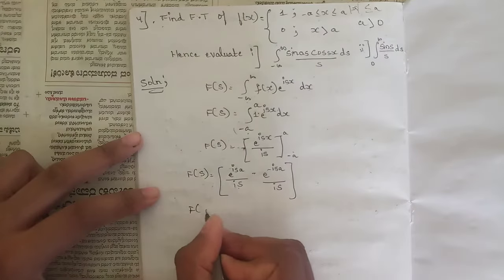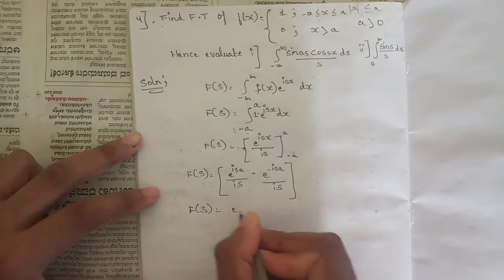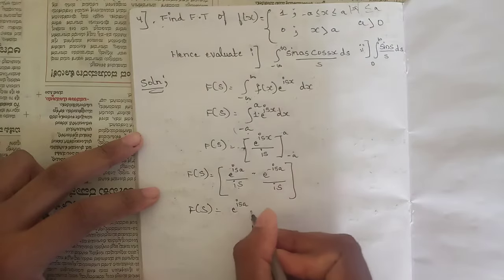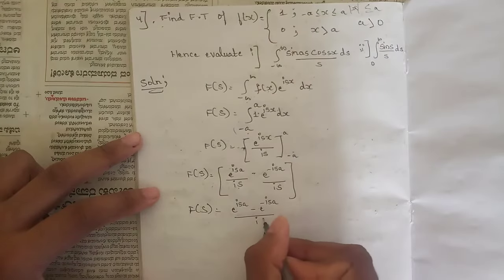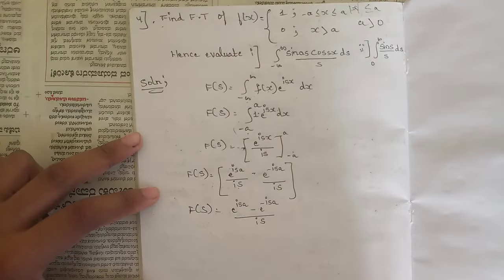So now f of s is equal to e power isa minus e power minus isa by is, right?